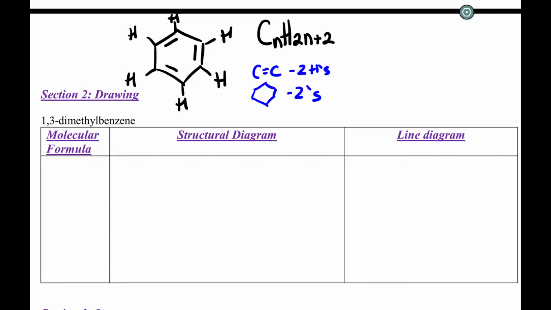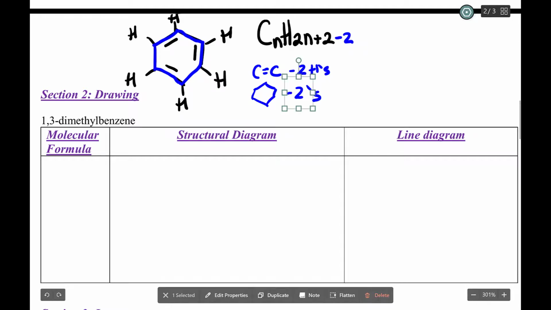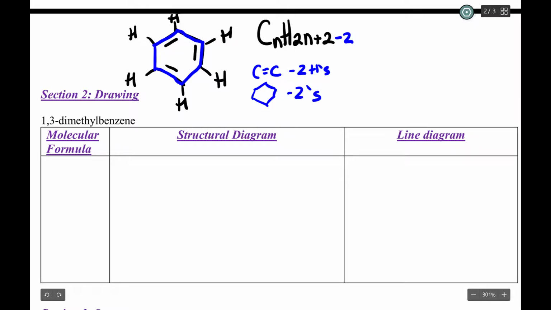So when I look at this, the fact that this is a ring, I would subtract 2 hydrogens from that generic formula. And then for each of the double bonds, I would subtract another 2 hydrogens. Now, I realize there are no double bonds, but when you average out the 1 and 1/2 bonds, you can figure it as being minus 2 for every 2 1 and 1/2 bonds, and there are 6 1 and 1/2 bonds, so it's going to be minus 2, minus 2, minus 2.